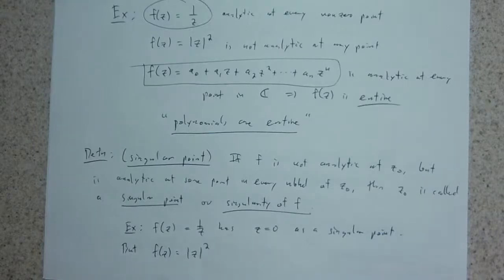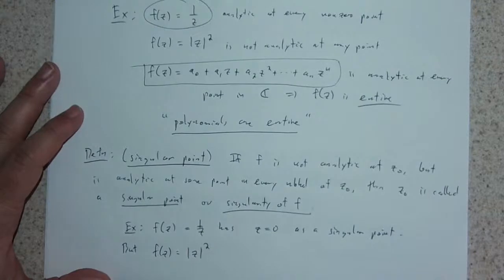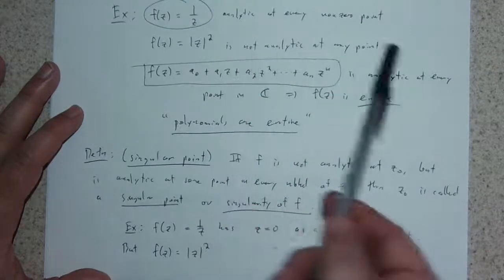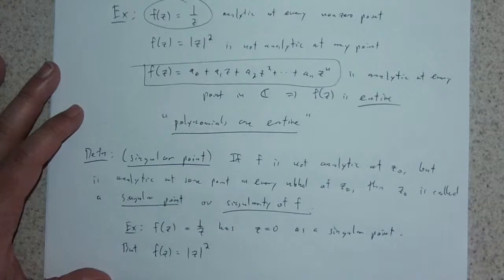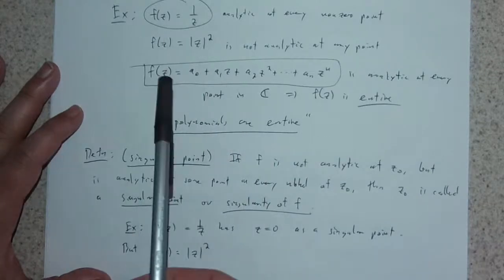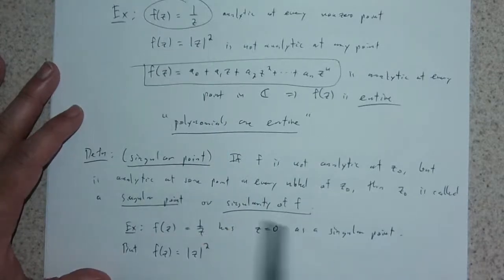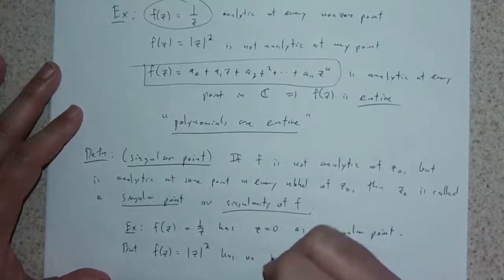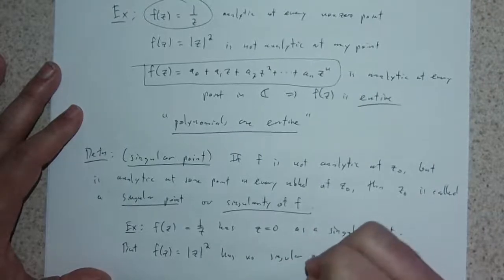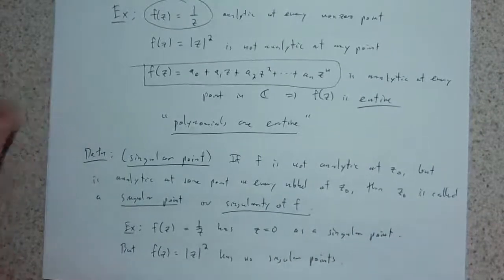Well, this has no singular points, because it's not analytic at any point, not even z equals 0. It has a derivative at a single point, z equals 0, and no other points. And so by definition, it just fails to have any singular points. Okay, so a lack of singular points in no way guarantees anything about being analytic or having derivatives that are nice.